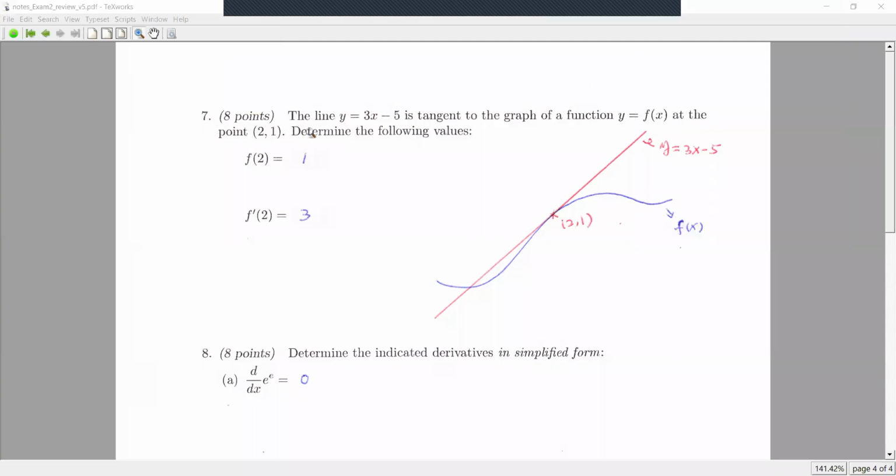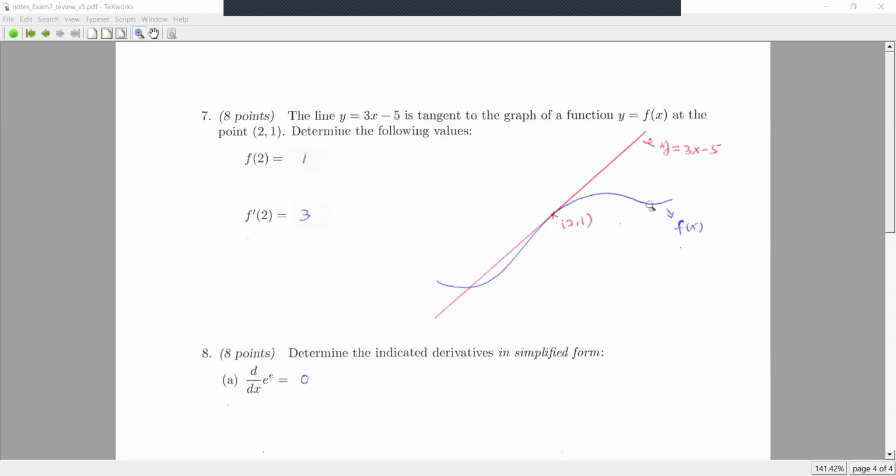Problem 7. The line y is 3x minus 5 is tangent to the graph of a function f at the point 2, 1. Determine the following values. Function value at 2 and the derivative of f at 2. To help myself answer the questions, I arbitrarily draw a curve.